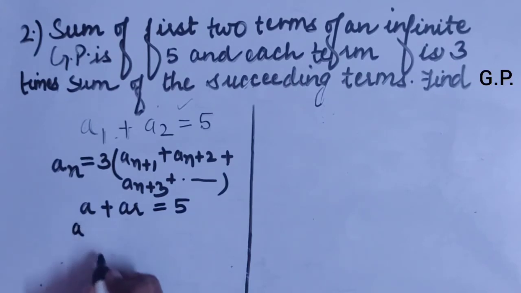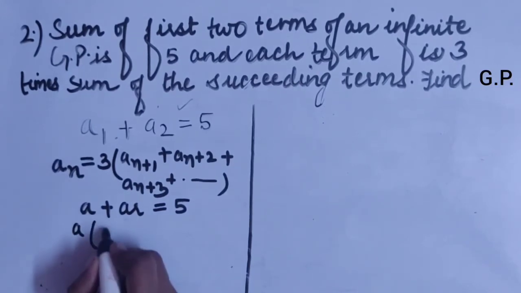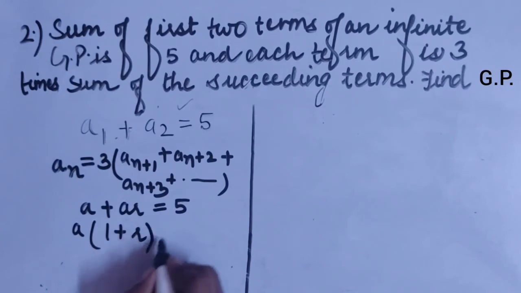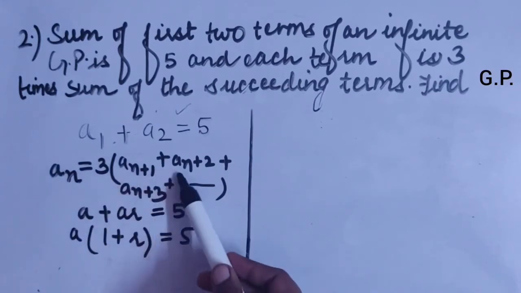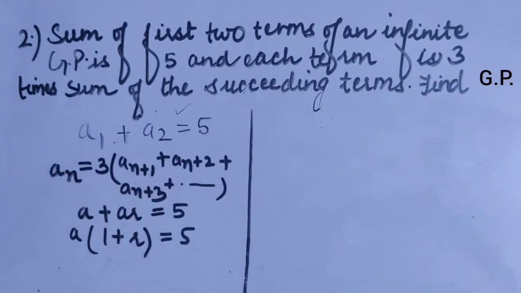Now what is common over here? Common is a. What is left inside, students? It is 1 plus r is equal to 5. So we have got one result from here, that is a into 1 plus r is equal to 5. Afterwards, we use this other equation.